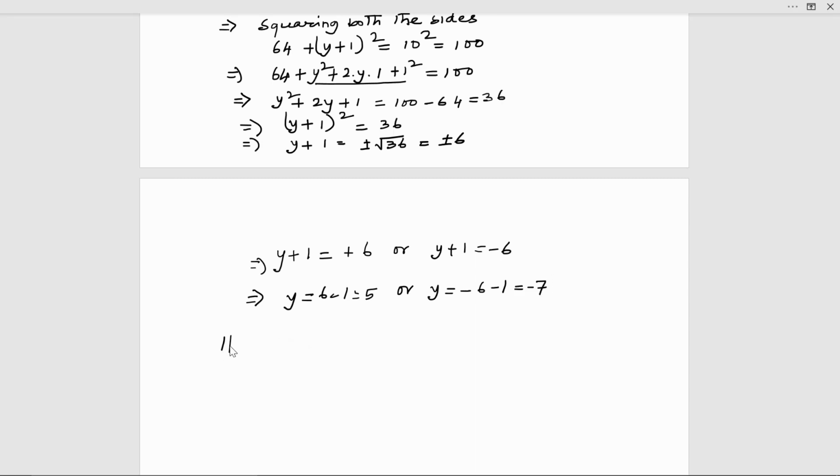Hence, the required values of y are 5 and minus 7.